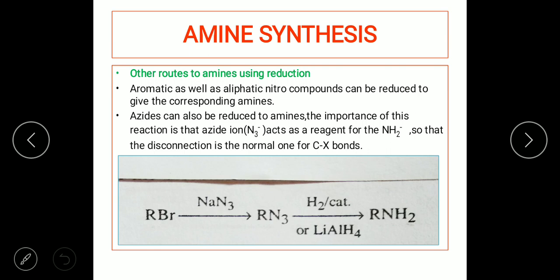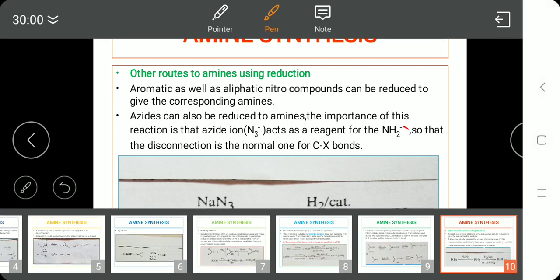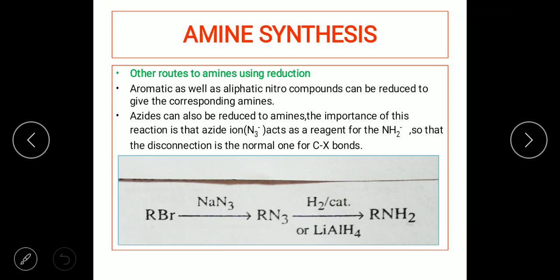Now there are certain other routes to amines by reduction. Aromatic as well as aliphatic nitro compounds can be reduced to give the corresponding amines. Azide can also be reduced to amines. The importance of this reaction is that azide ion acts as a reagent for NH2-, so that the disconnection is a normal one for C-X bonds.